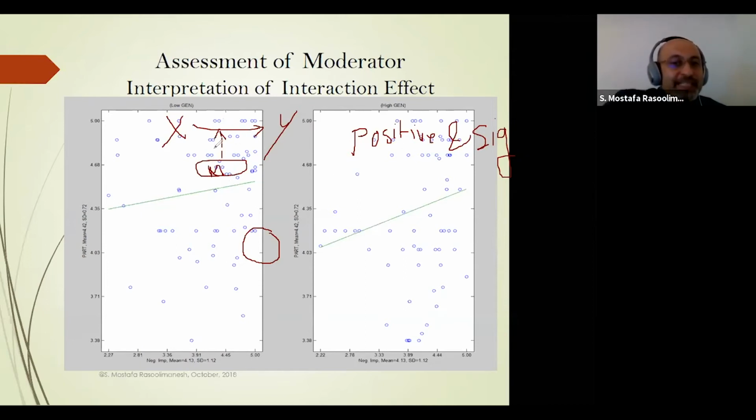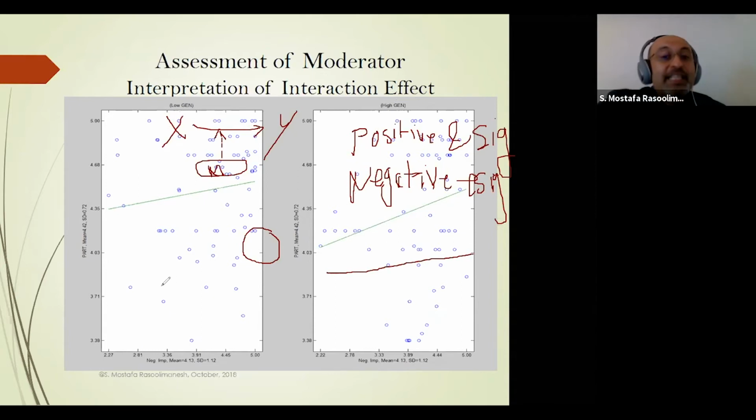But if this interaction term coefficient is negative but significant, it means the effect of X to Y for high level of moderator is weaker than the effect of X to Y for low level of moderator.